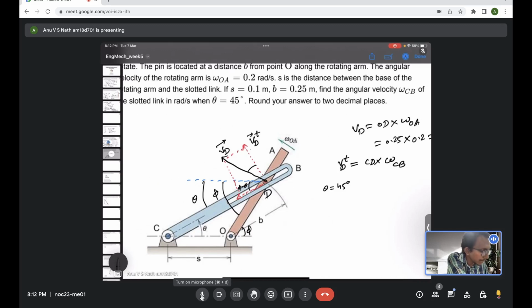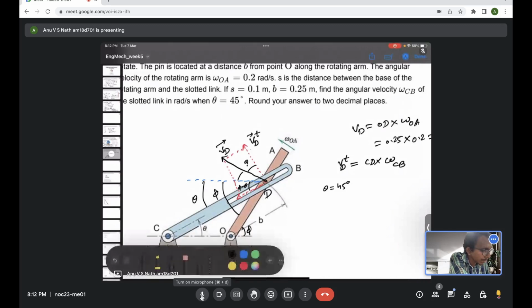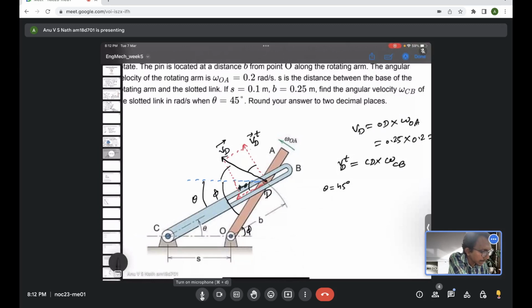So that angle we found is phi minus theta. Now we need to know this other angle, which is unknown. This angle along with phi should make 90 degrees, right?